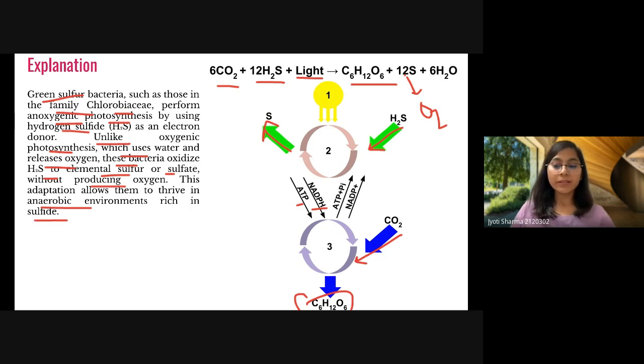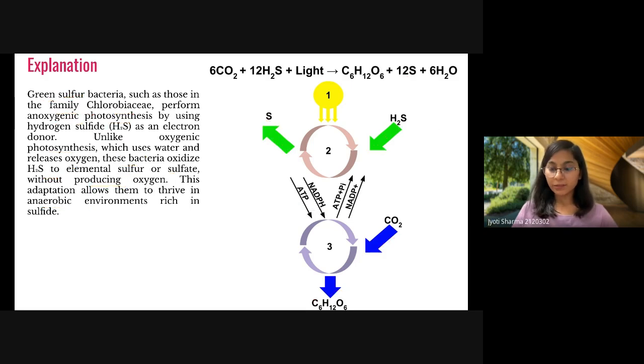So for example, if there is any coal mining or where there is rich sulfide, at that place bacteria can survive and do photosynthesis because they can utilize H2S in place of H2O as electron donor. So is everything clear?